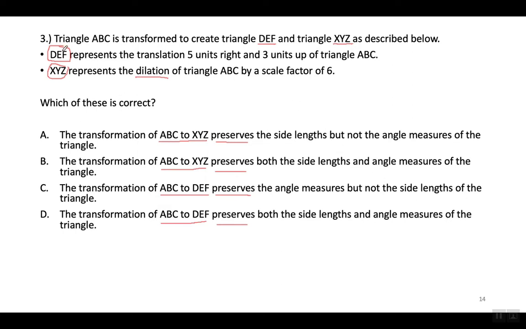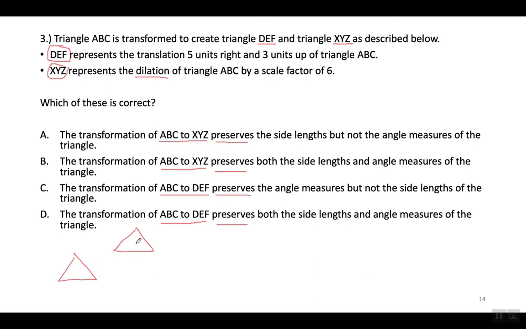In the first one, when you transform triangle ABC to triangle DEF, it's a translation. Let me draw a little picture here. You're moving it 5 units to the right and 3 units up, but the triangle is going to stay looking exactly the same. When you do a translation, the triangle stays looking exactly the same.